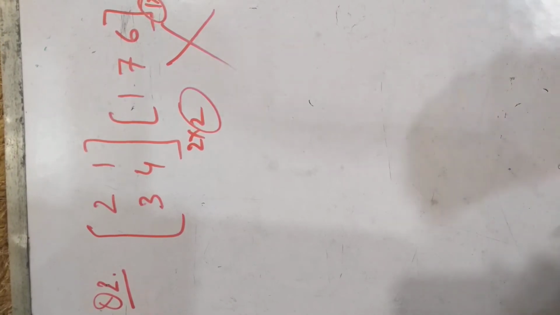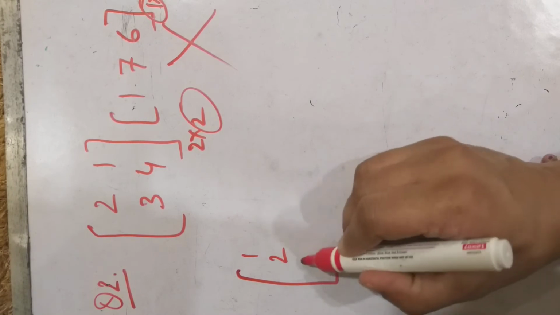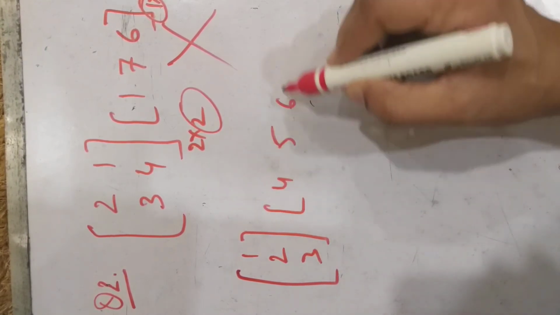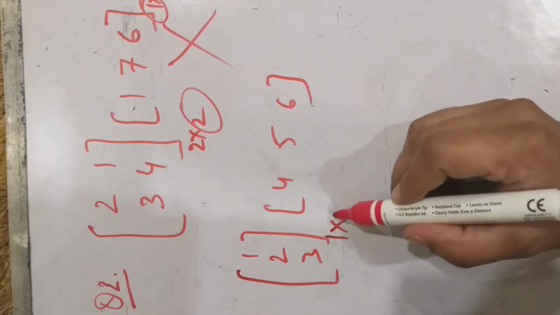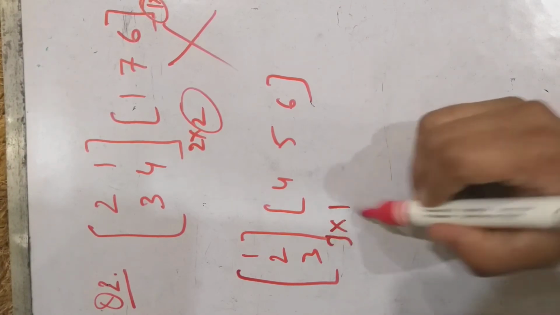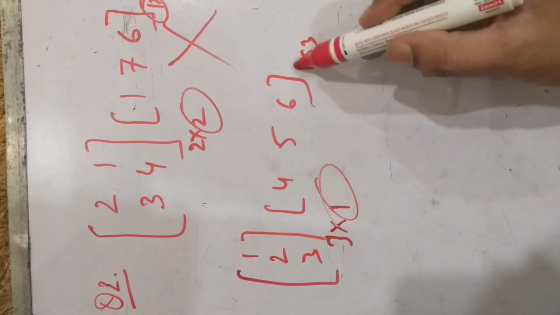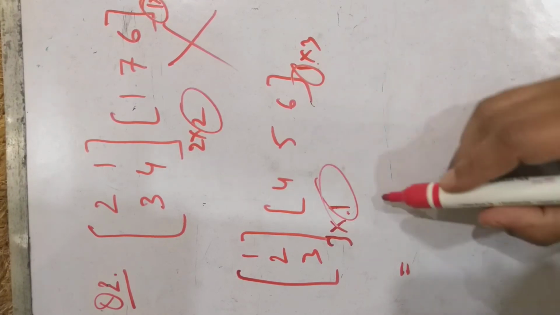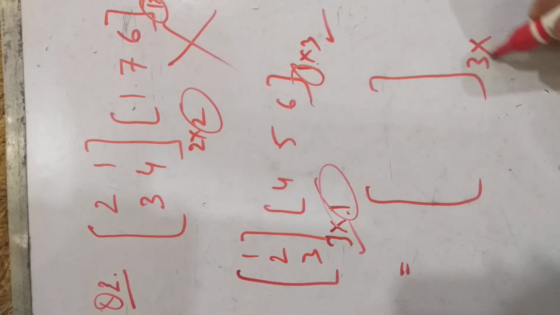But it has been seen that 1 2 3 a matrix and 4 5 6 another matrix. If we multiply, this is 3 cross 1, this is 1 cross 3. Since the columns and the row are same, we can multiply and the result will be 3 cross 3.